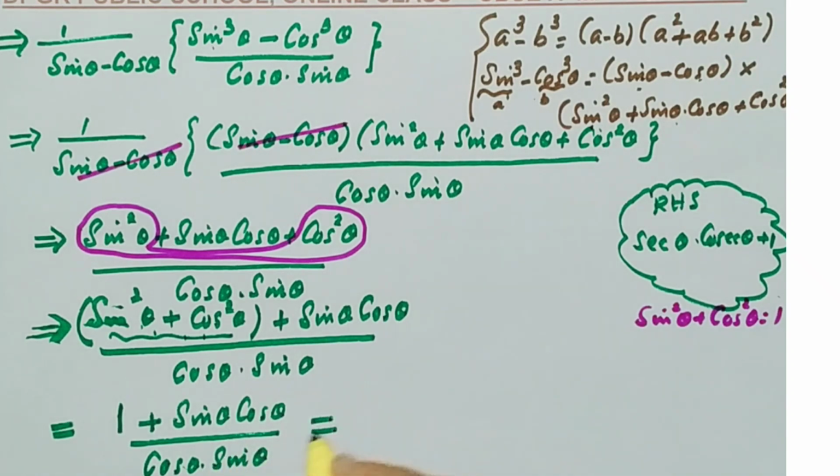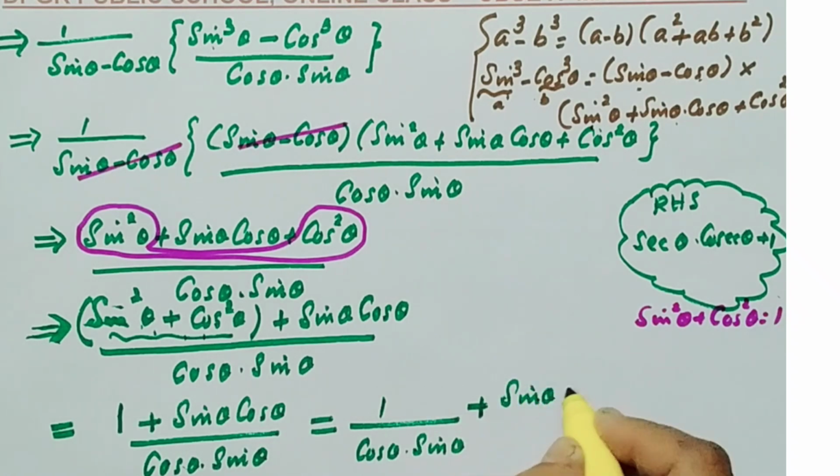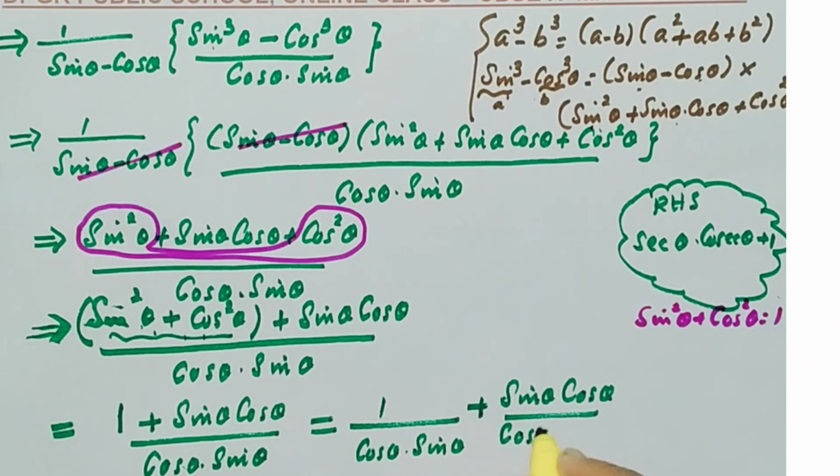I am going to make separate divisions: 1 by cos theta sin theta, the first fraction, plus sin theta cos theta by cos theta sin theta, the second fraction. Why? Because you know that a plus b divided by c can be written as a by c plus b by c. Separate denominators you can give.